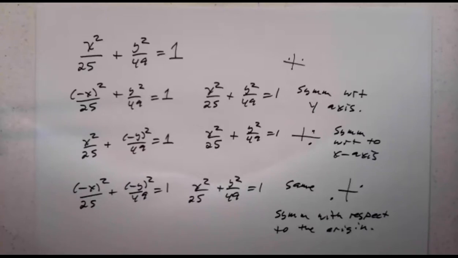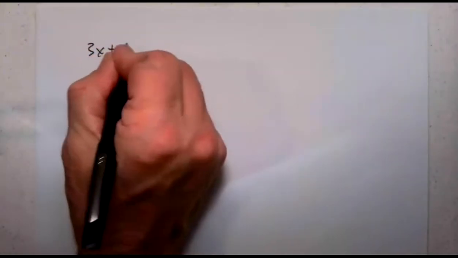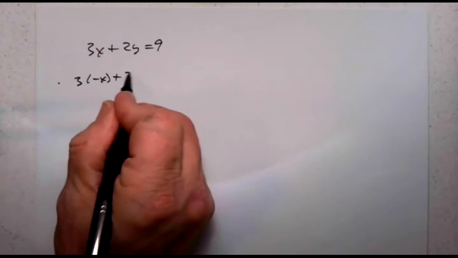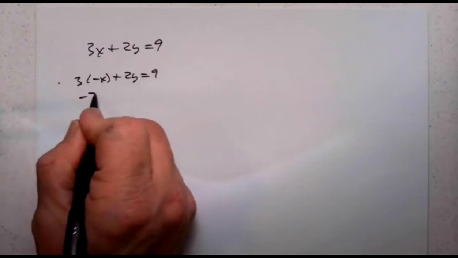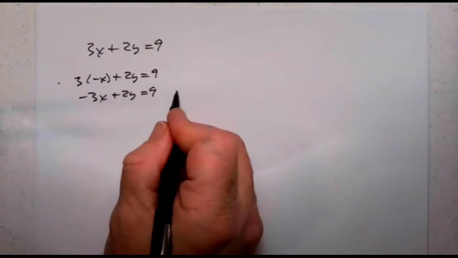All right, our next question is 3x plus 2y equals 9. So let's write that down, and I'm going to see what happens as I do that stuff. 3x plus 2y equals 9. Replace x with negative x. I get 3 times negative x plus 2y is 9, negative 3x plus 2y is 9, not the same.